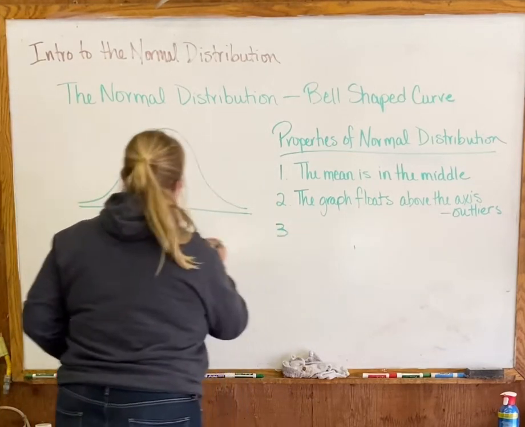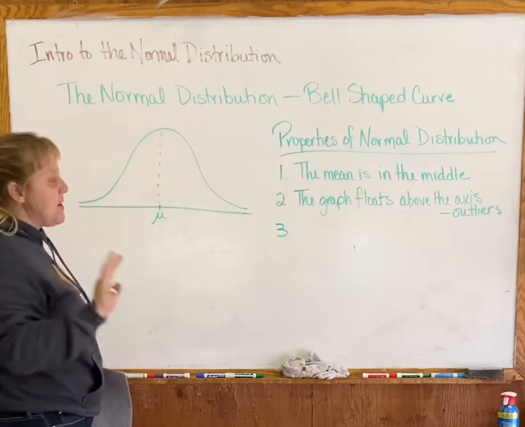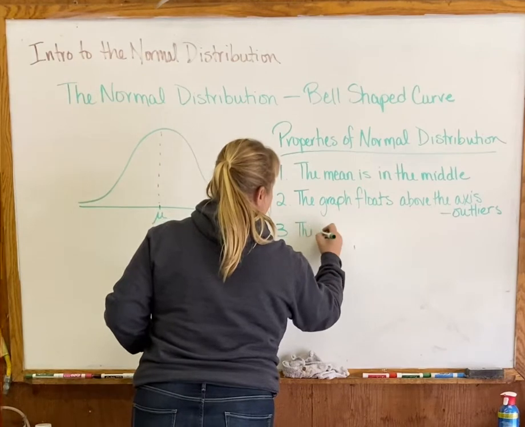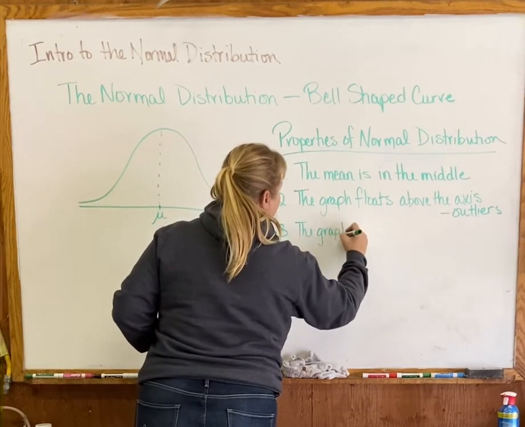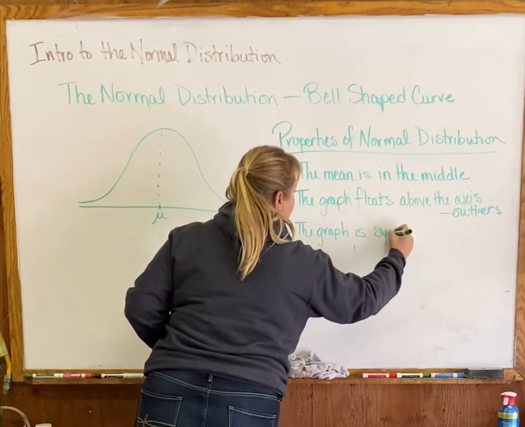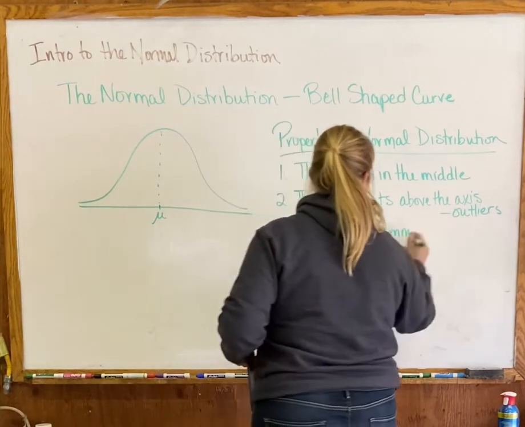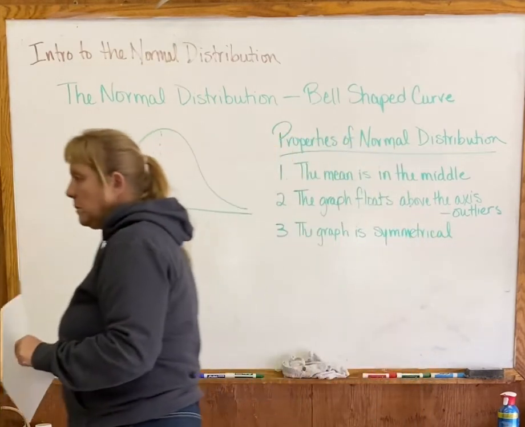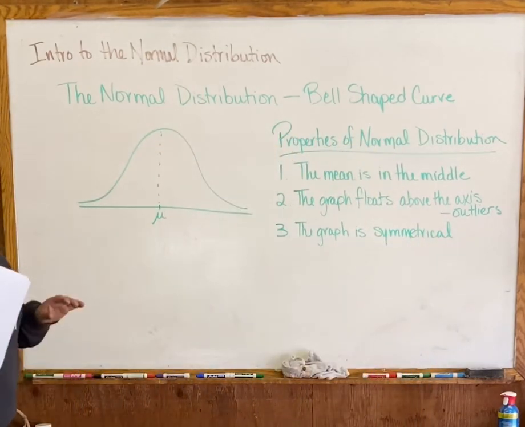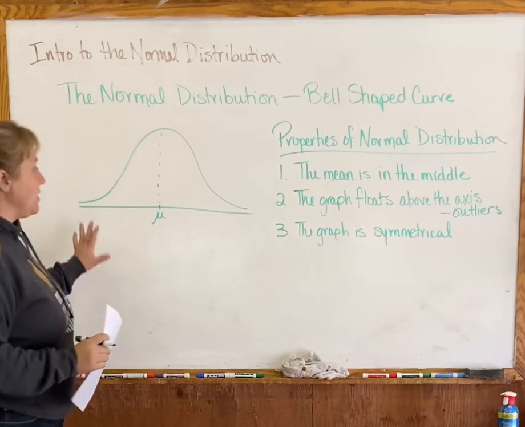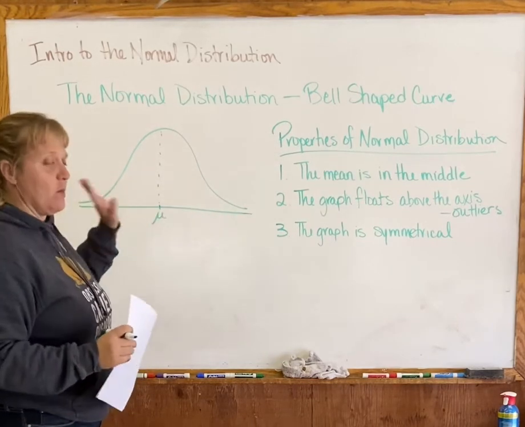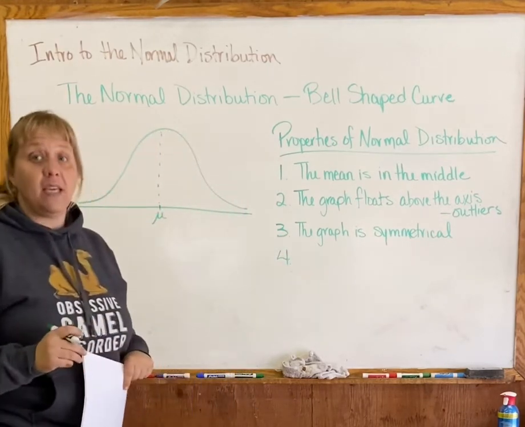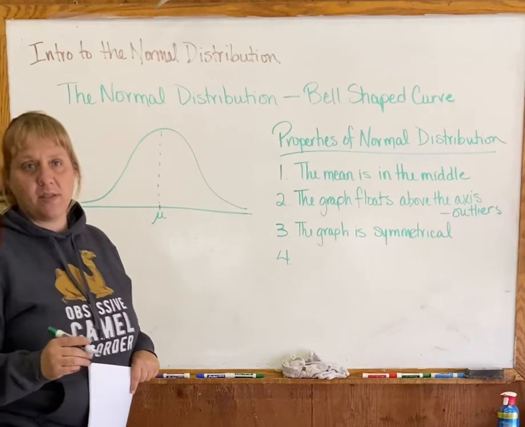The third thing we notice here is that even though my graph might not be perfect, the graph should be symmetrical. So the graph is symmetrical. The fourth thing that we want to note, and you can't really see it from here, but go with me on this one, is that the area under the entire curve equals 1 or 100%.